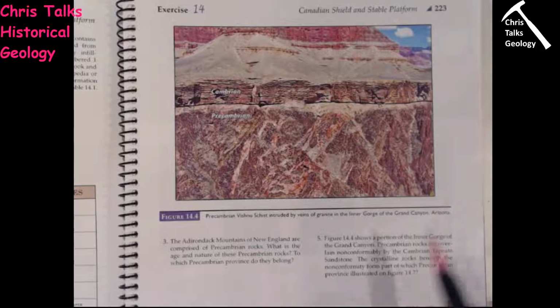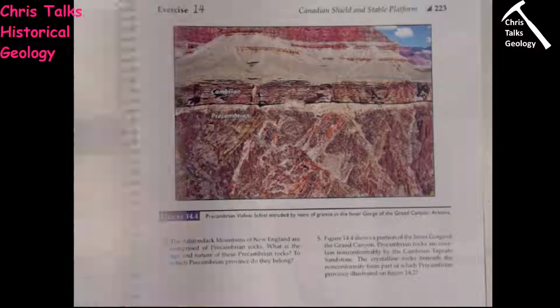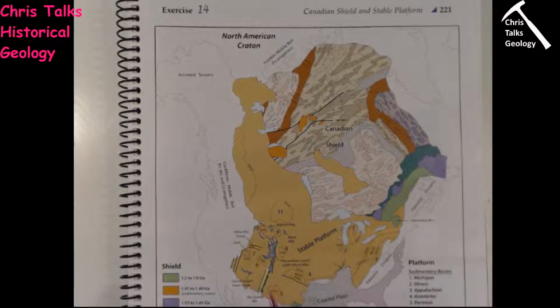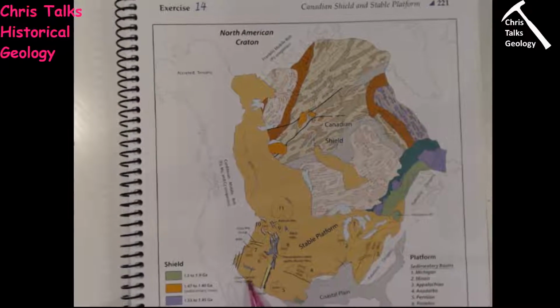The crystalline rocks beneath the unconformity form part of which Precambrian province illustrated in figure 14.2? Okay, well, we know it's the Grand Canyon. So once again, here we go. Inner gorge of Grand Canyon.